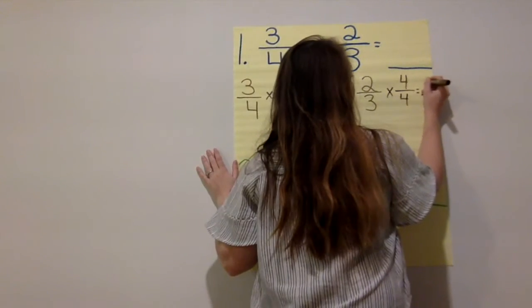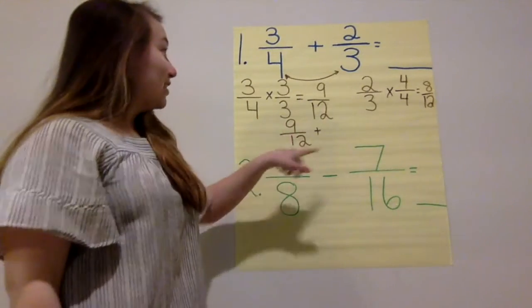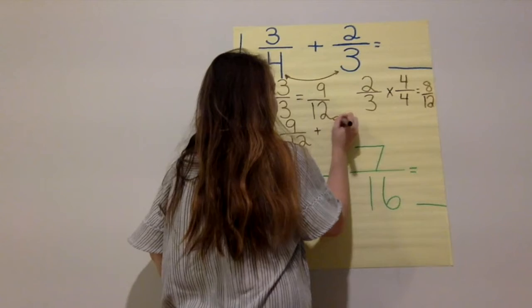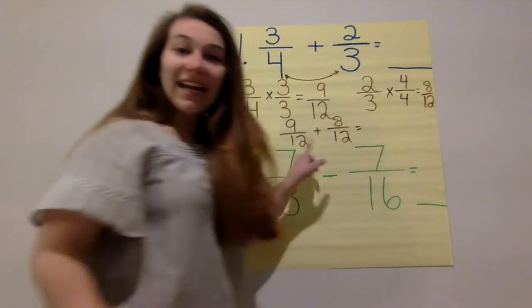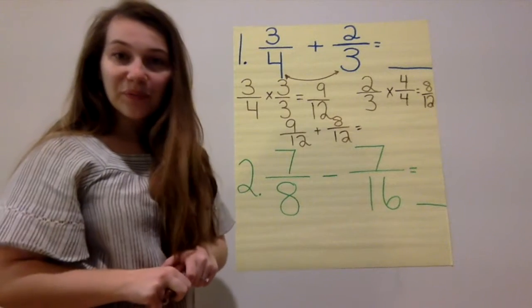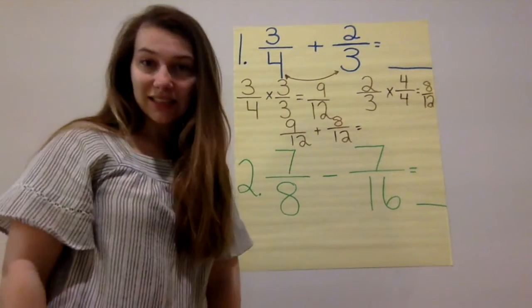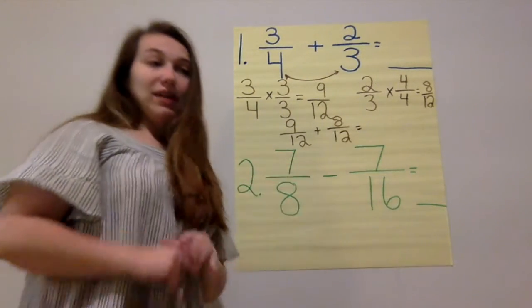Very good. All right, so we have 9/12 and we have 8/12. Can we go ahead and add these two together now? Yeah, we can. Why? Because they have the same denominator.